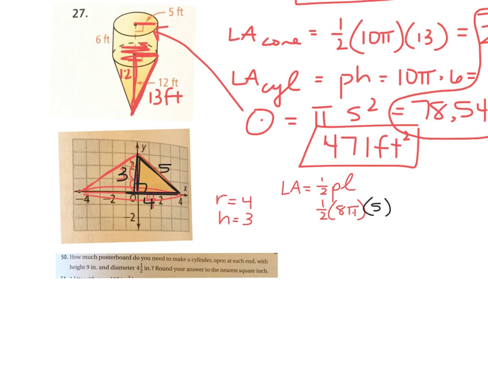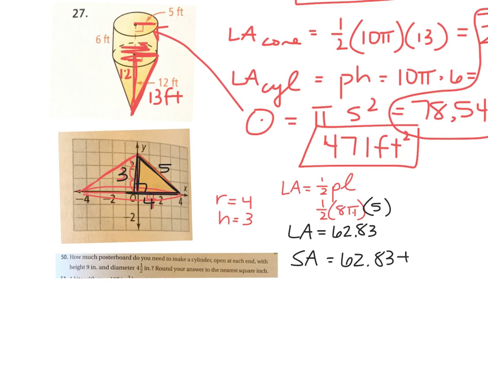So we would multiply that by 5. So it's going to be 1/2 times 8 pi times 5. So the lateral area is 62.83. But we want surface area, so we need to take that 62.83 and add the area of the base.